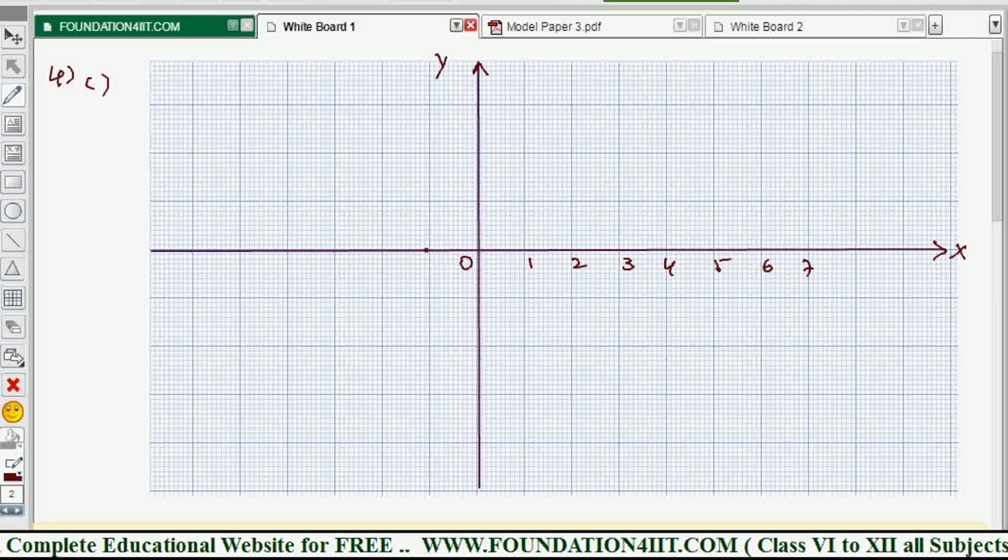This side is similarly -1, -2, and so on. Above is 1, 2, 3, 4 positive values, and down is -1, -2, -3, -4, and so on. Here 1 centimeter is equal to 1 unit on both axes.